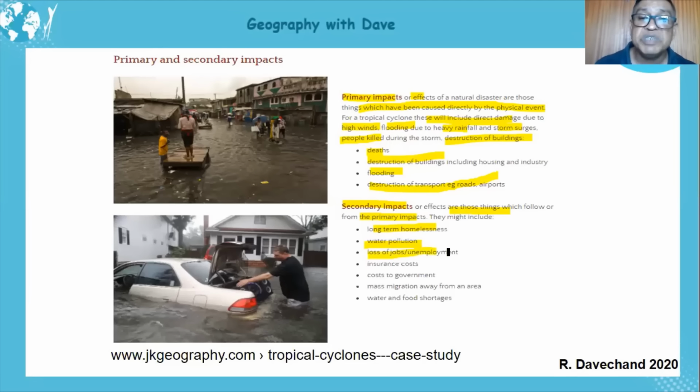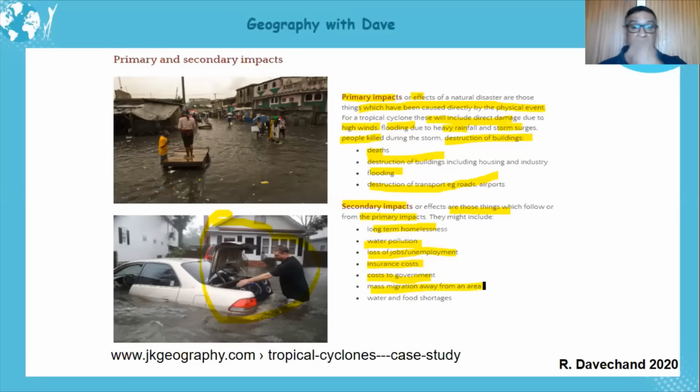Loss of jobs, unemployment, the insurance costs incurred. I mean, these guys are going to look at the fixing of this. If they are insured, heavy costs, millions, sometimes billions of rands. Cost to government to sort everything out, to bring out the social needs, to feed people, a safe place. Mass migration away from the area. They have to move.